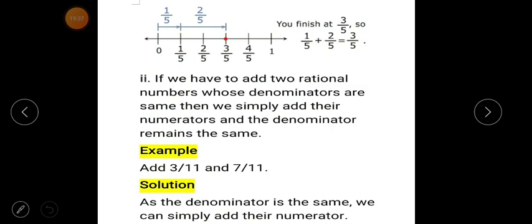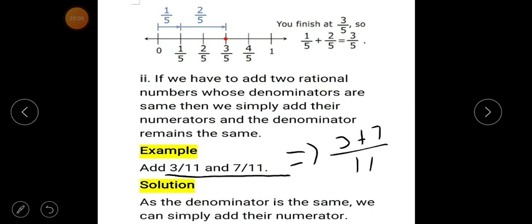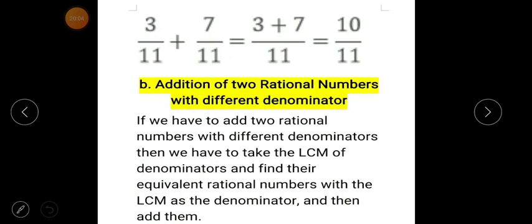But if we have to add rational numbers with different denominators, here is another example which has the same denominator first. So 3 upon 11 and 7 upon 11, it would be 3 plus 7 upon 11, so 10 upon 11.